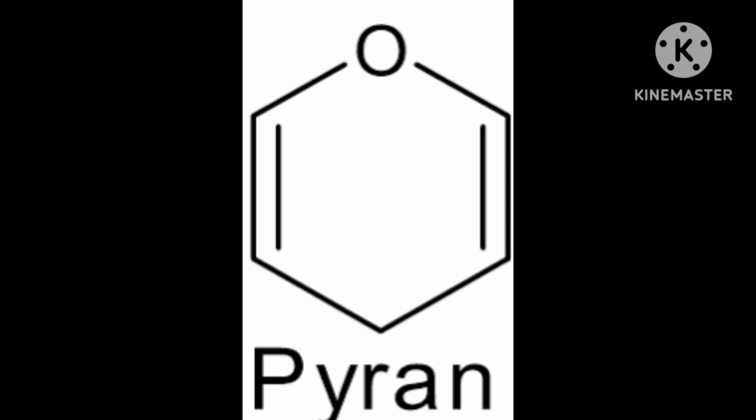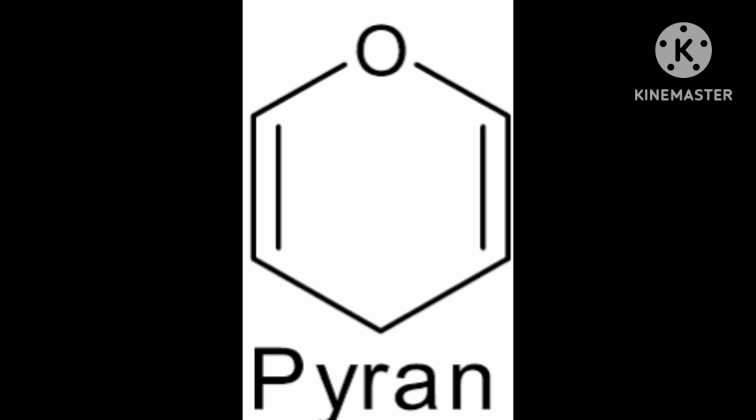These 2 cyclic forms exist in equilibrium with the open chain structure. The open chain structure will convert to this cyclic structure. From the cyclic you can get open, and from the open you will get cyclic. That is the equilibrium.